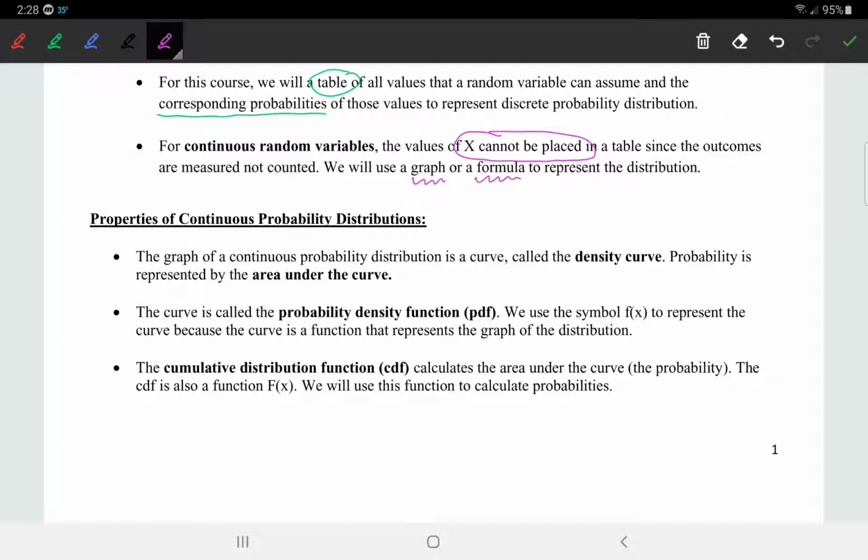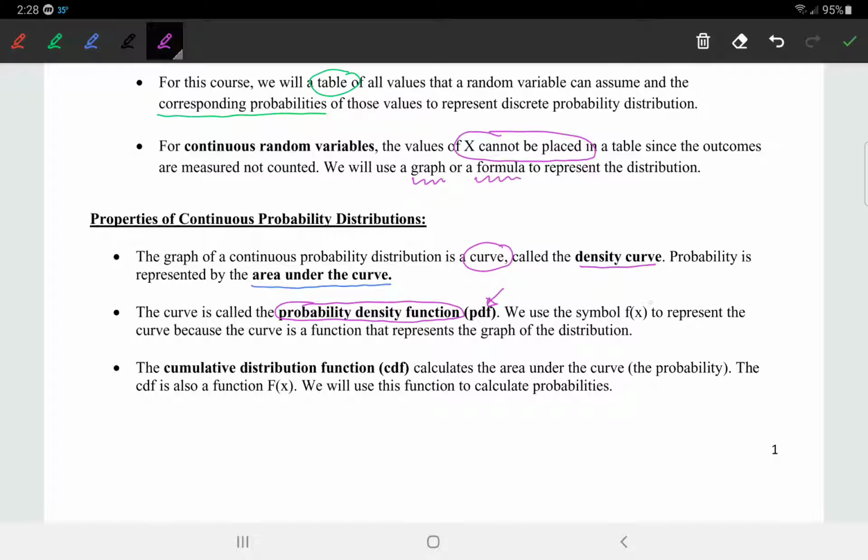Well, the graph of the continuous probability density distribution is a curve. It gets called the density curve. And the probability that's associated with it now is the area under the curve. So this density curve is also known as the probability density function, which we abbreviate PDF.